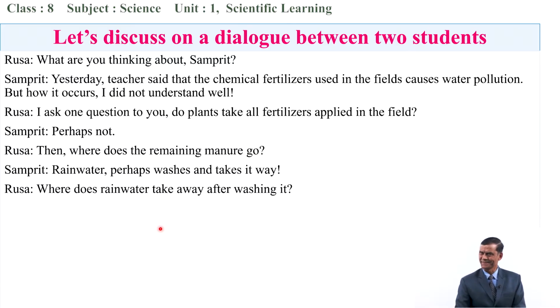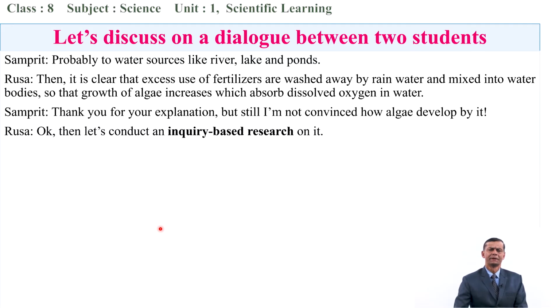Where does it take it? Yes. Then Samprit says, probably to water sources like river, lake and pond. Do you know that? In our field also, if we use excess fertilizers, then every year why should we use that fertilizer?